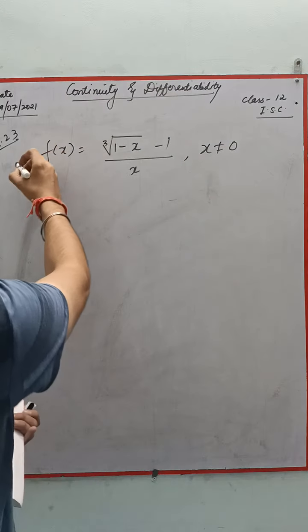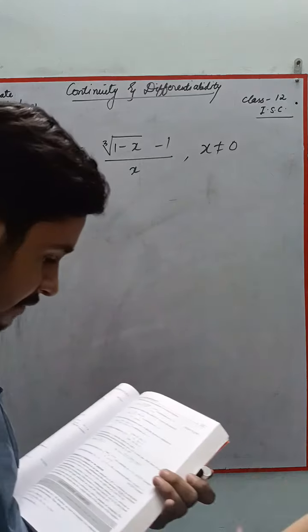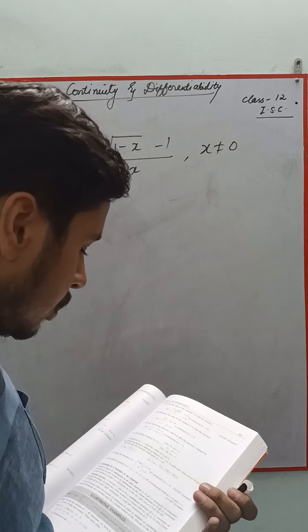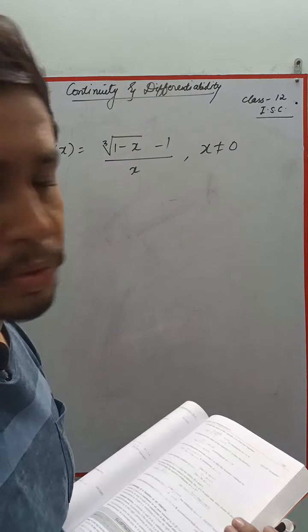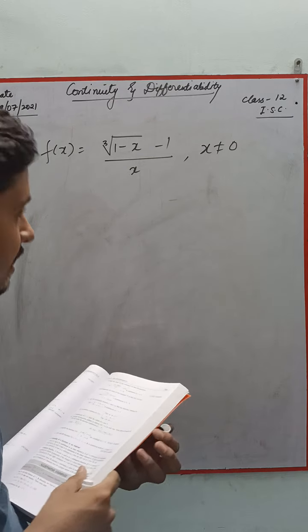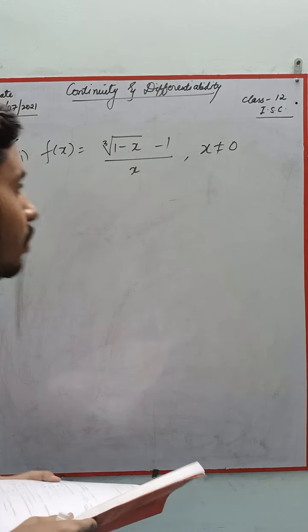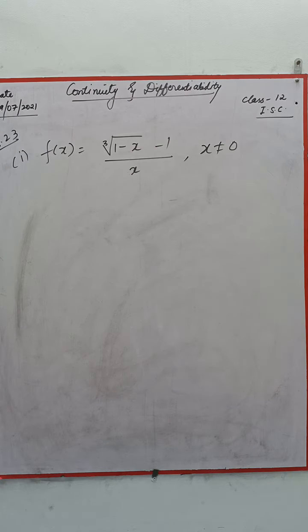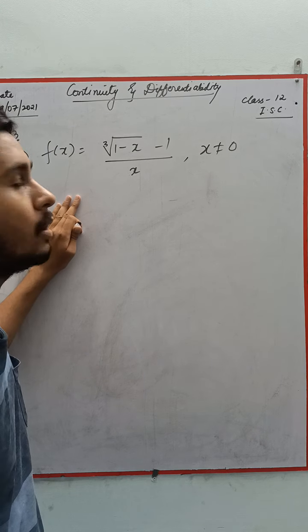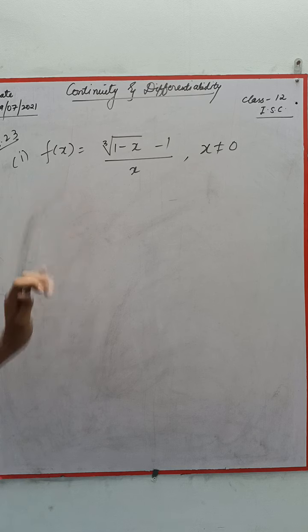This is the first question I am taking and the second one. So from among these two you have to check which function is continuous at x is equal to 0. So we have to check its LHL and RHL both so that to make it proved.